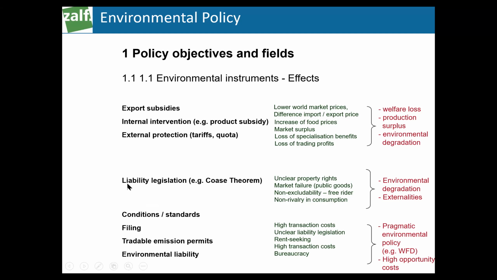We can then have liability rules like the Coase theorem. You remember, hopefully, that the biggest problem was the asymmetric information and that there is no agreement on who takes the costs of environmental pollution, or do I have the right to pollute, or shall I pay as a farmer compensation to pollute?